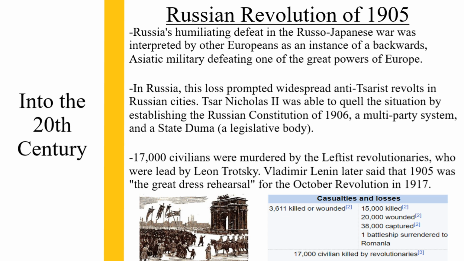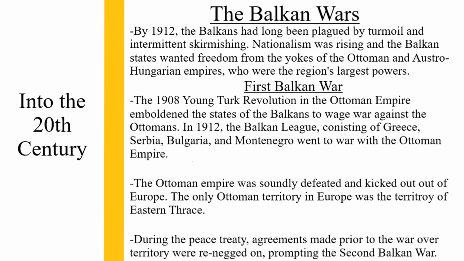Over 3,600 Russian military personnel were killed by the revolutionaries in the fighting. 17,000 civilians were murdered. Thousands of revolutionaries also died, but we don't care about them because they're killing innocent Russian civilians. It was interesting, though, how the revolutionaries managed to commandeer one battleship in the Black Sea, which would later be surrendered to Romania.